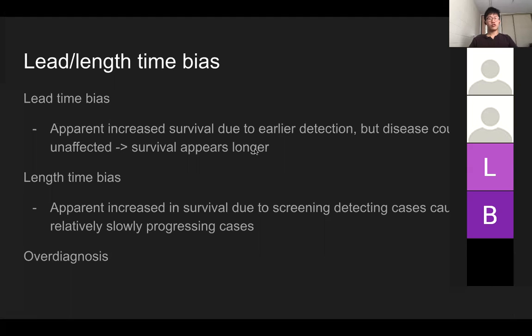So survival appears longer. And length time bias is an apparent increase in survival due to screening detecting cases caused by relatively slow progressing disease rather than short, more serious cases. And this overall results in overdiagnosis.